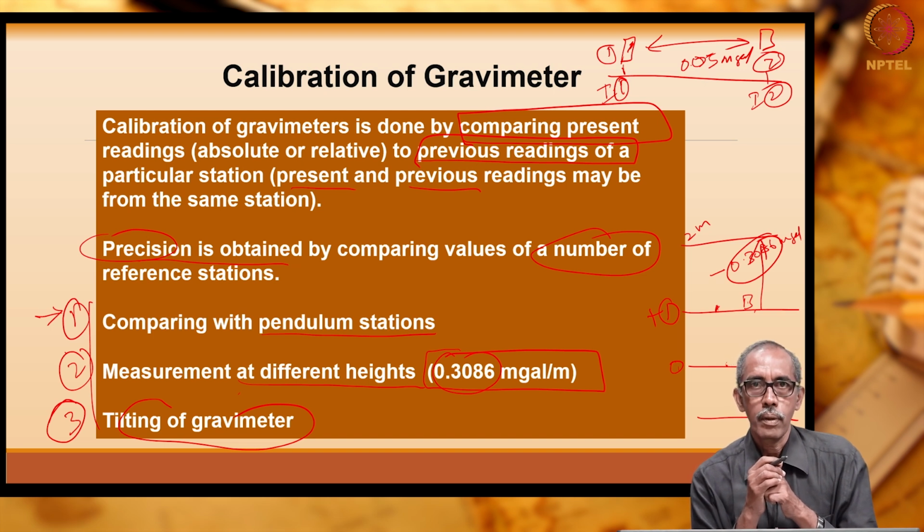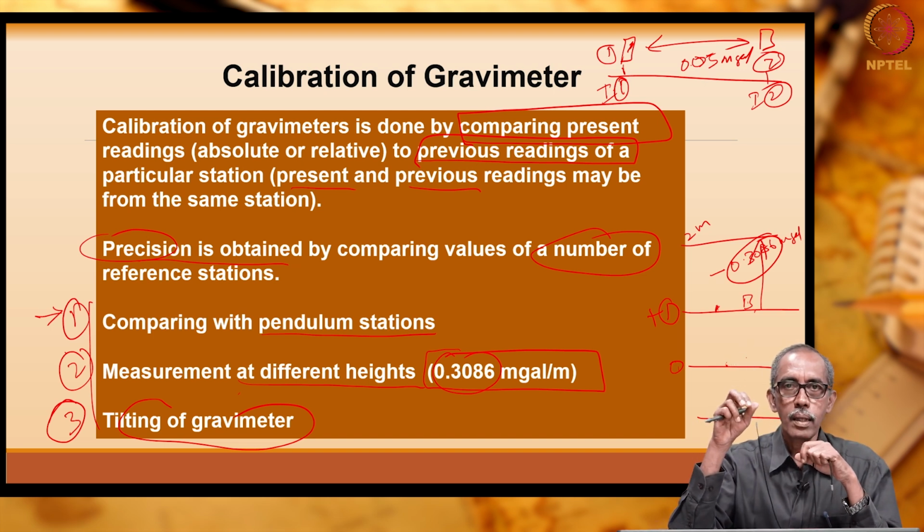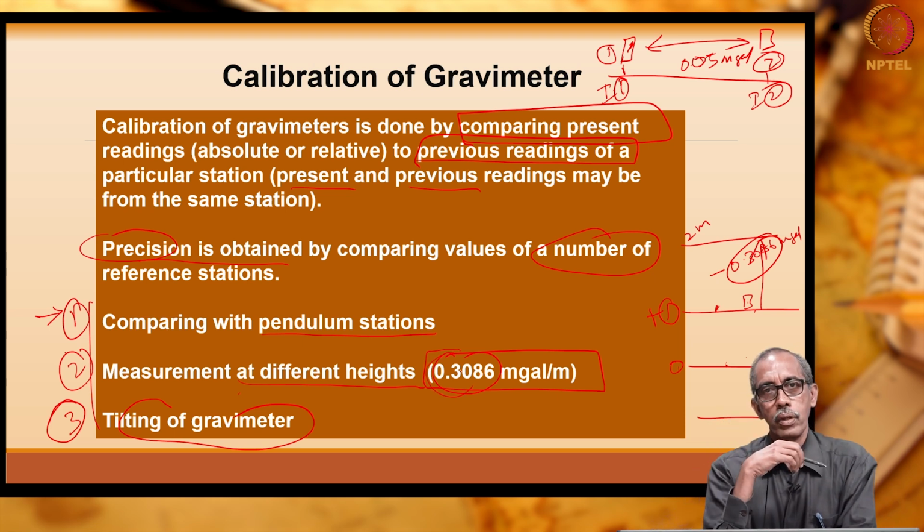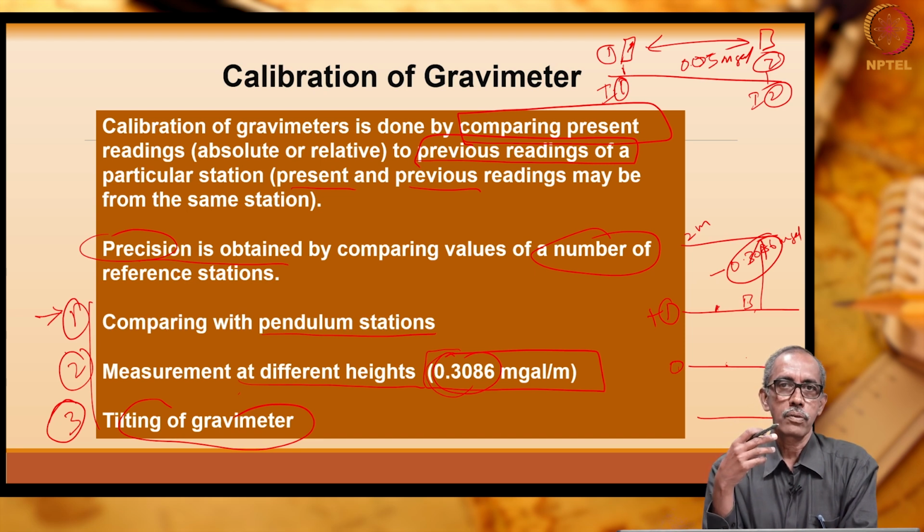Okay. Then you use the calibration screw, bring the value to 0.3086. This process is known as calibration. After having done that, recheck. A couple of times you recheck to make sure the instrument is working well.